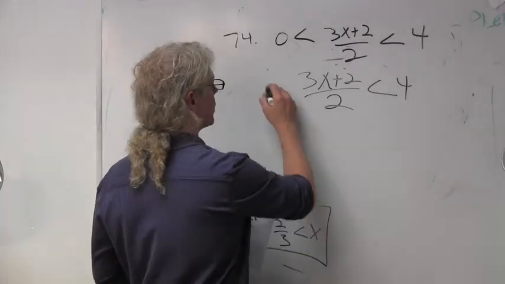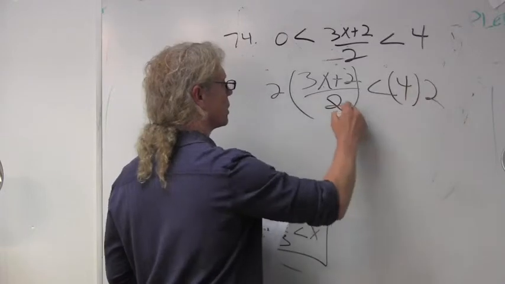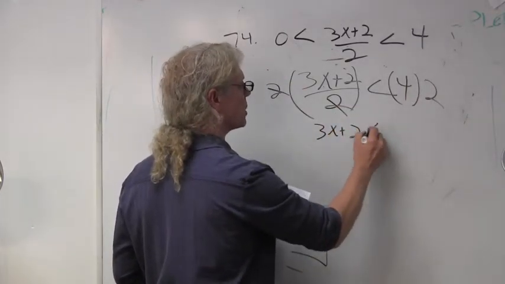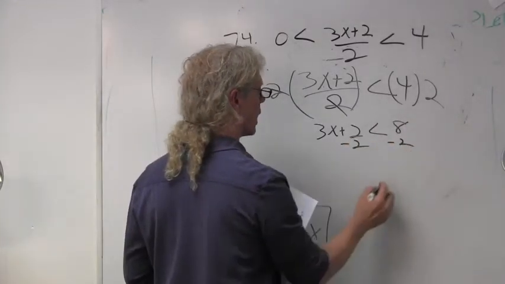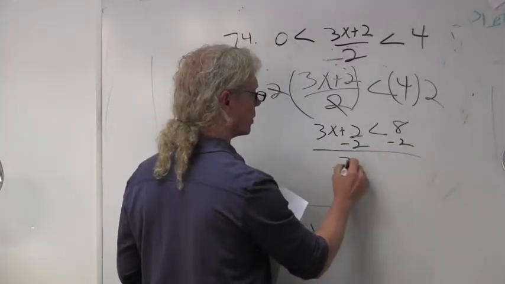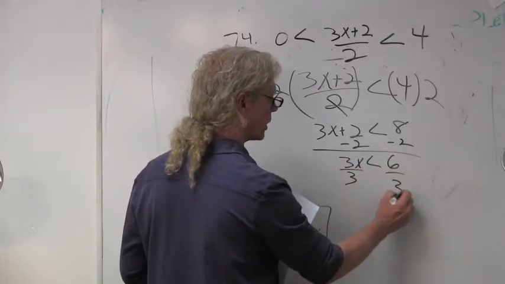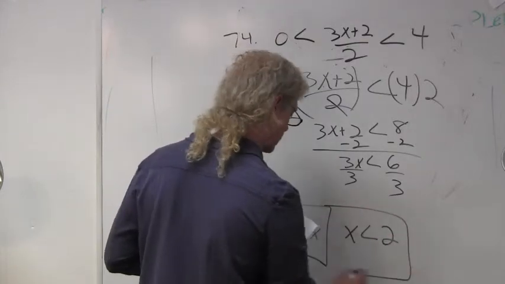To get rid of the 2, we will multiply by 2. Cancel. 3x plus 2 is less than 8. Subtract 2 from both sides, leaving us with 3x is less than 6. Divide both sides by 3, leaving us with x is less than 2.